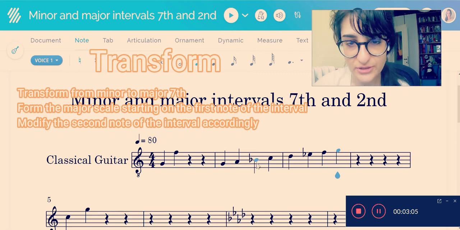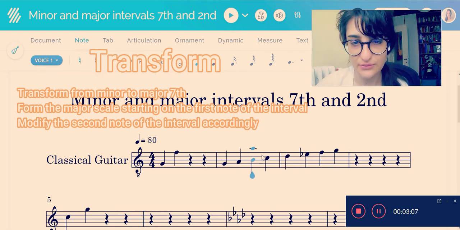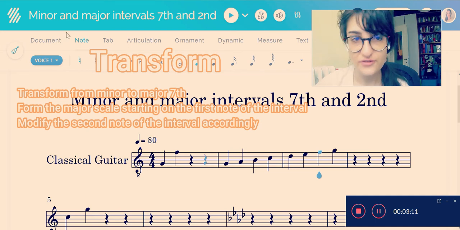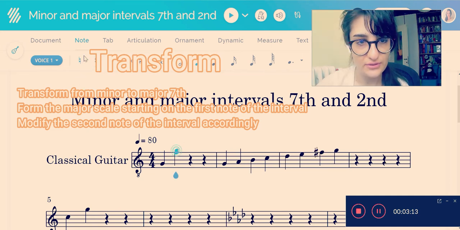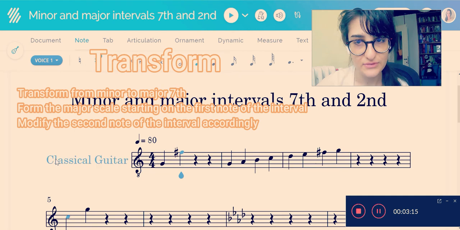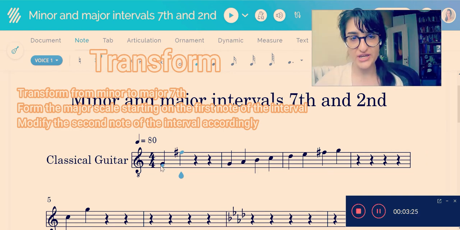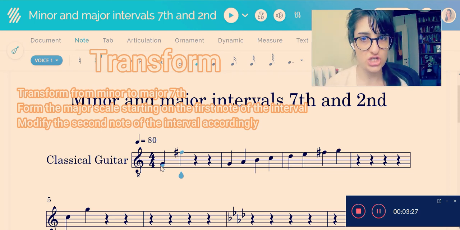Let's just form the G major scale, and we will see that in the G major scale, the F is sharp. And therefore, we need to sharpen this as well. Voila! We've gone from minor seventh to major seventh by forming a major scale on the first note of the interval, which in this case is G.